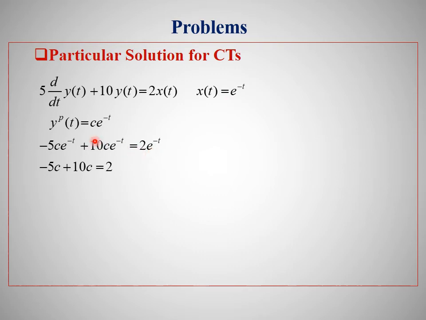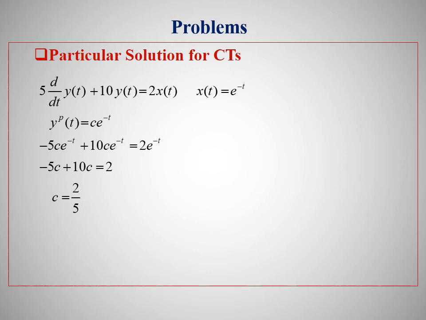Hence the expression that we get on substituting yp of t in the differential equation with the respective input is minus 5c into e power minus t plus 10c into e power minus t equal to 2 into e power minus t. Let us equate the coefficients of e power minus t. So we get minus 5c plus 10c equal to 2, or c will be equal to 2 by 5.